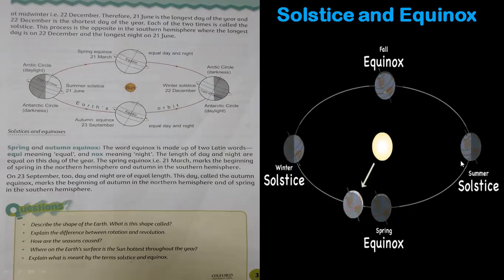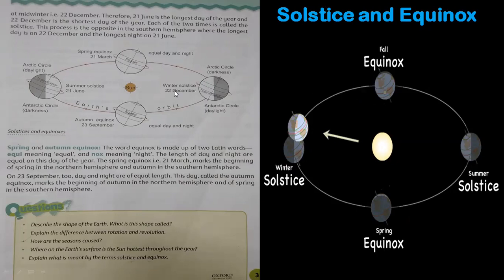From the summer solstice, you can see here, when the sun faces more towards the earth, in the northern hemisphere we have longer days. Like I earlier mentioned, 21st June is the longest day of the year. Why do we have more face of the sun towards the earth in the northern hemisphere in the summer solstice?